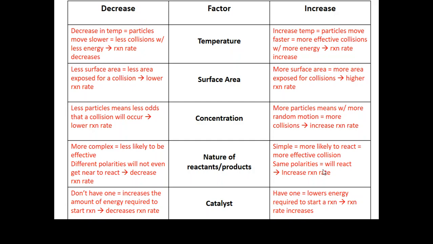Polar things like polar things, nonpolar things like nonpolar things. So this will also increase your reaction rate. Then the last part here, which we're going to start talking about in this unit and later on in thermodynamics, is a catalyst. Okay, a catalyst, if you have one, lowers the energy required to start your reaction, also known as your activation energy, and therefore your reaction rate will also increase.